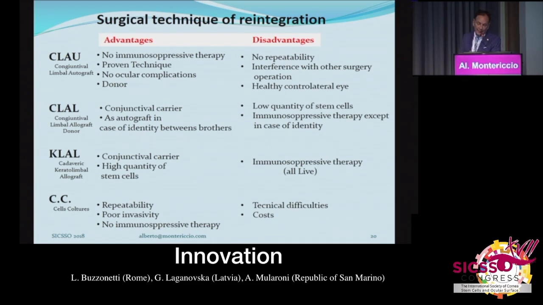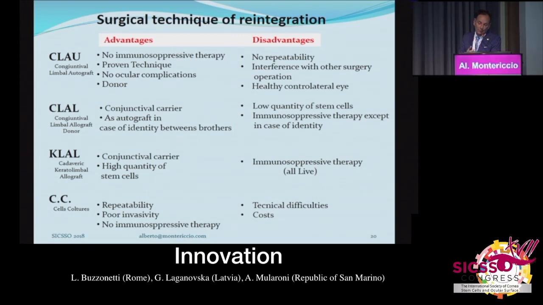There are benefits and disadvantages to each of these techniques. Of course, the best one is the CLAU, conjunctival limbal autograft, because we may harvest stem cells from the fellow eye, so we do not have to use immunosuppressants.